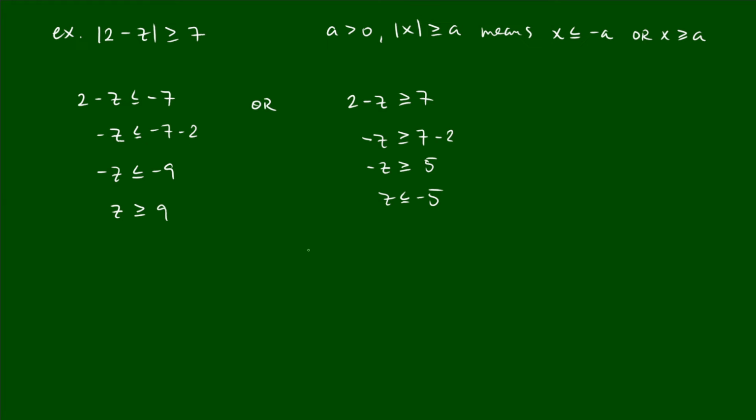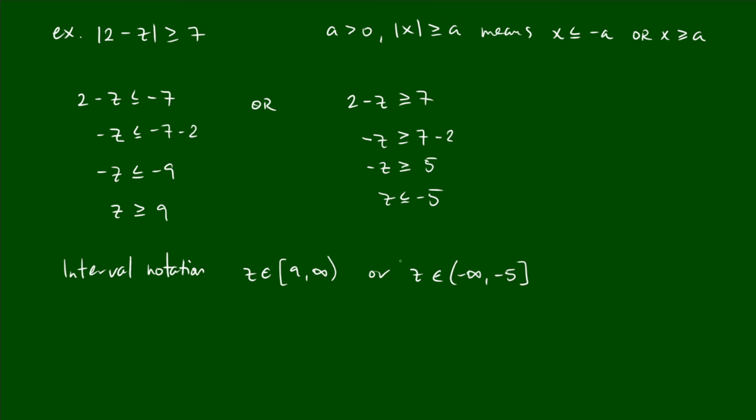Okay, so using interval notation, you could say that z is going to be in 9 all the way to infinity, or z is going to be all the way from negative infinity to negative 5, including that.